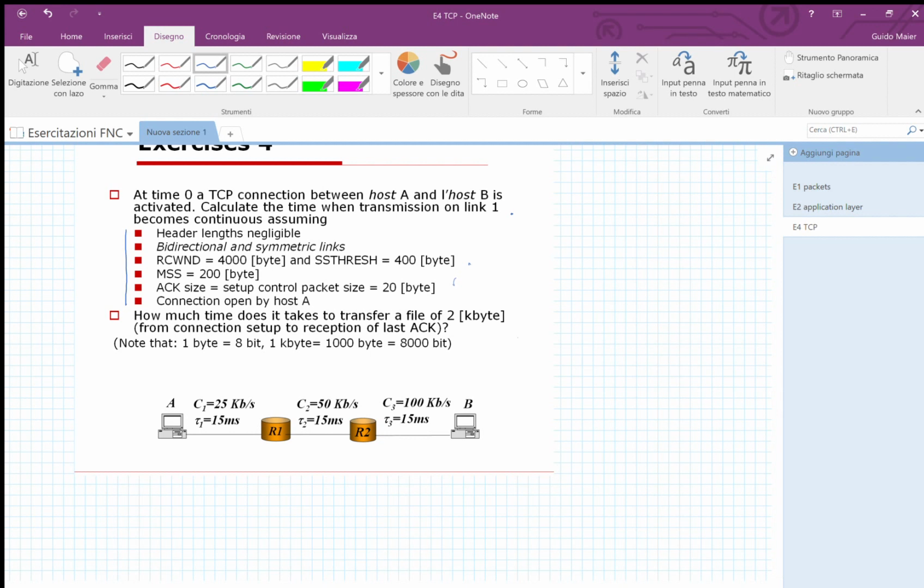Receive window is 4000 bytes, which is equal to 20 maximum segment size. Okay, so we can guess already from now that at least at the initial phase of the connection, the connection will be controlled by the congestion control.